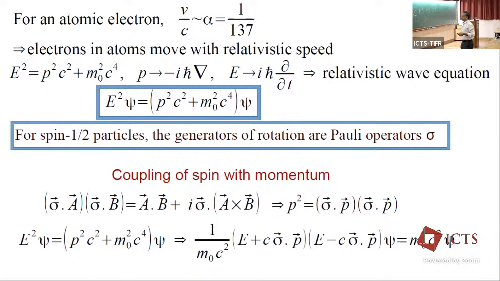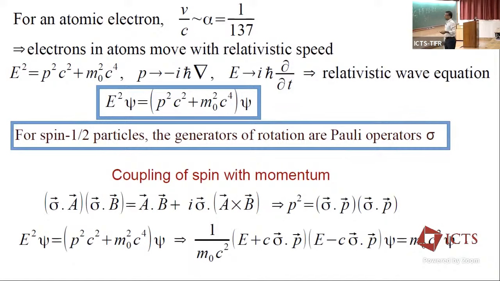So you would derive the coupling of spin. These are the familiar Pauli spin operators, all of you know them, so I'm not going into details. These are just 2 by 2 unitary matrices. If you construct this, you can get the relationship for sigma dot A sigma dot B. Then P square you can replace by sigma dot P sigma dot P, these are the same. But they don't remain the same when you split into 2 equations.